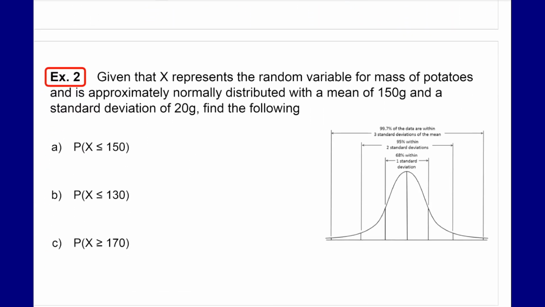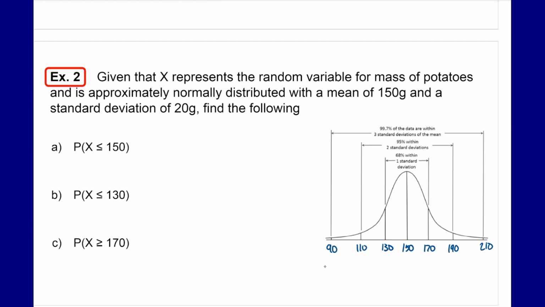So same example, given that x represents the random variable for the mass of potatoes and is approximately normally distributed with a mean of 150 and 120, we want to find the following. So it's going to be a little bit different. I'm going to go through and again quickly jot down the values of our potatoes, right, for the different standard deviations, 190, 210.